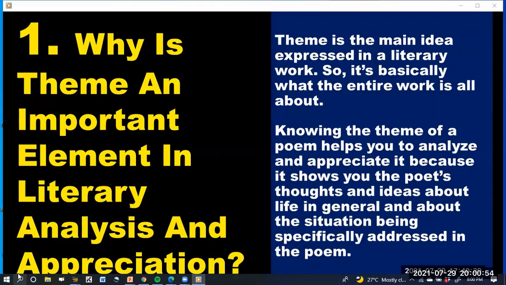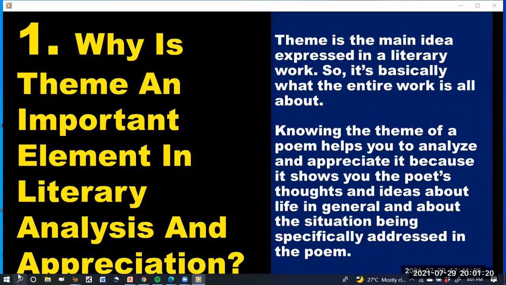So theme is basically what the entire work is all about. And knowing the theme of a poem will help you to analyze and appreciate it, because the theme shows you the poet's thoughts and ideas about life in general and about the situation being specifically addressed in the poem.